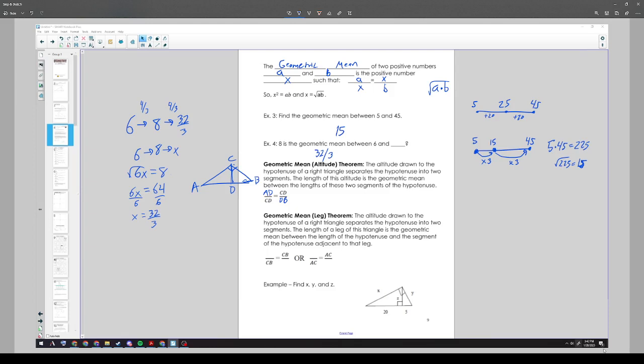Those are the geometric mean between the length of the hypotenuse, so that would be AB in both cases, and the segment of the hypotenuse adjacent to that leg. So adjacent to CB would be BD, and adjacent to AC was AD.